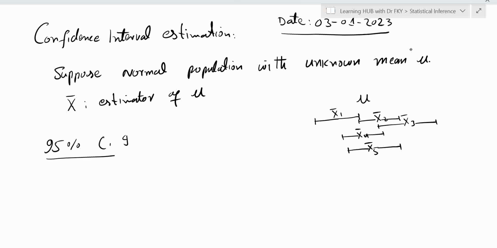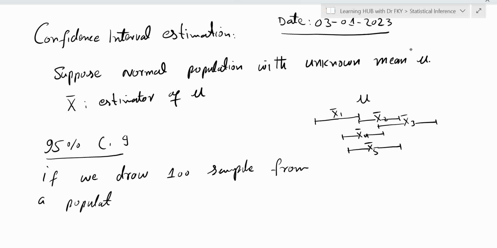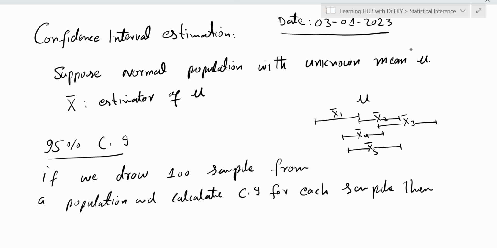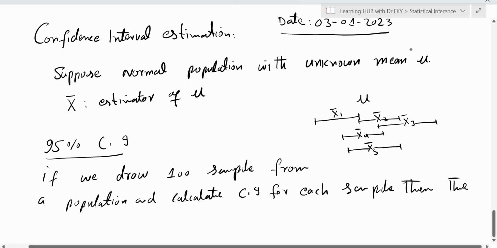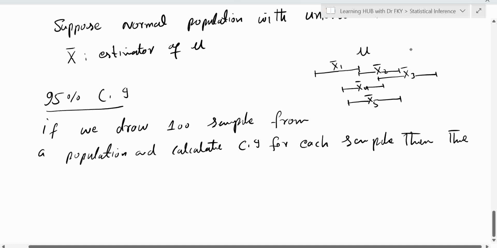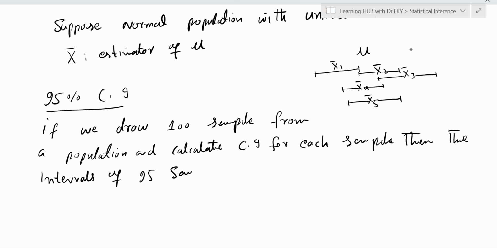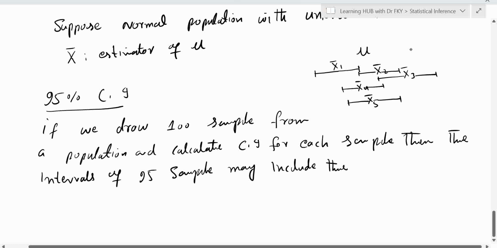95% confidence interval. This means that if we draw 100 samples from a population and calculate confidence interval for each sample, then the intervals of 95 samples may include the true value or the parameter mu.